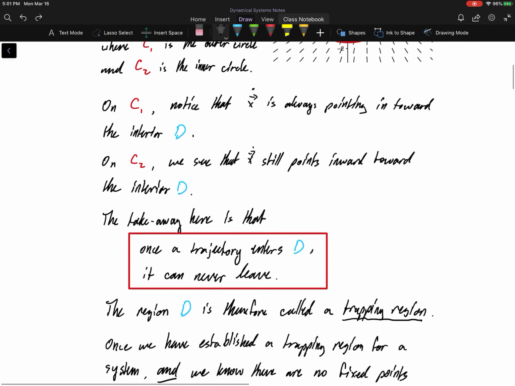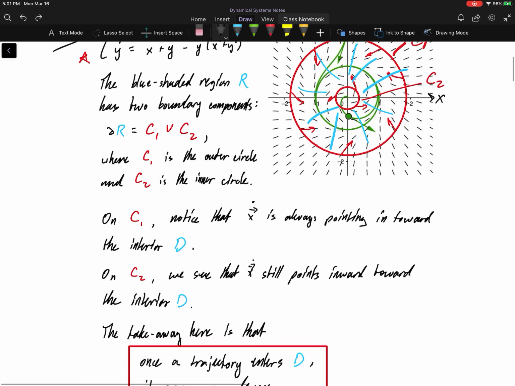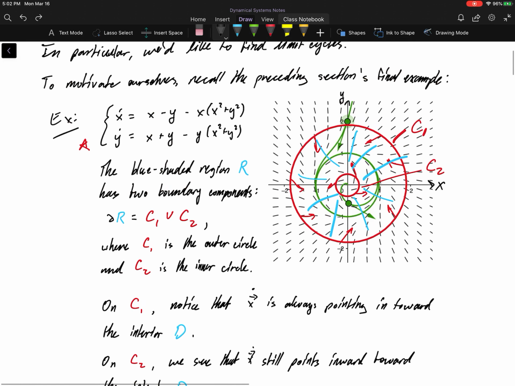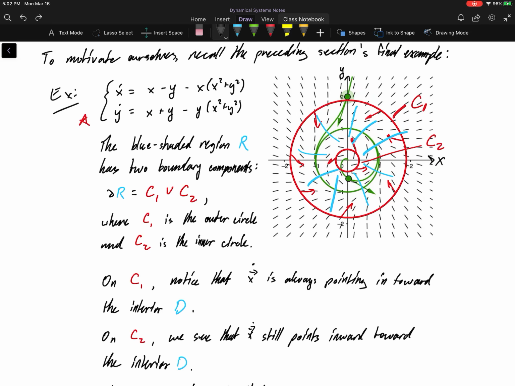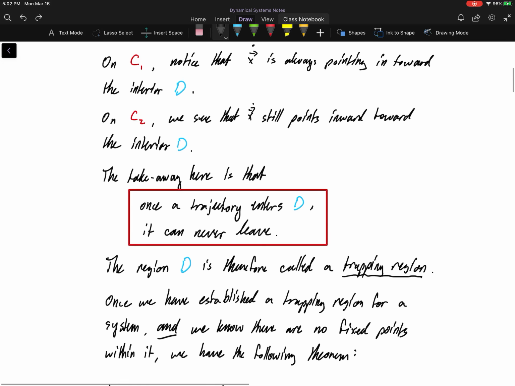And that's the whole takeaway, is that once a trajectory enters this little ring region, it can't leave. There's no way. If it tries to approach the boundary here, the vector field is going to direct it back toward the blue region to stay inside. And the fact is that we've kind of fenced off the boundary and said, you're going to have to stay in here once you enter. So this is what we call a trapping region.